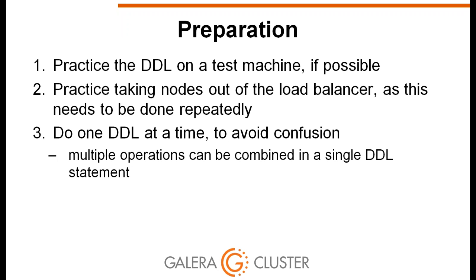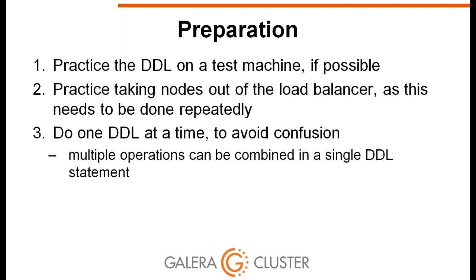So once we have the application accounted for, here are again some preparation steps for rolling schema upgrades. Practice the DDL on a test machine. Again, you should know how long it takes to run, if it produces the result that you're expecting, and so forth. Practice taking nodes out of the load balancer, as you will need to do this repeatedly for each node.